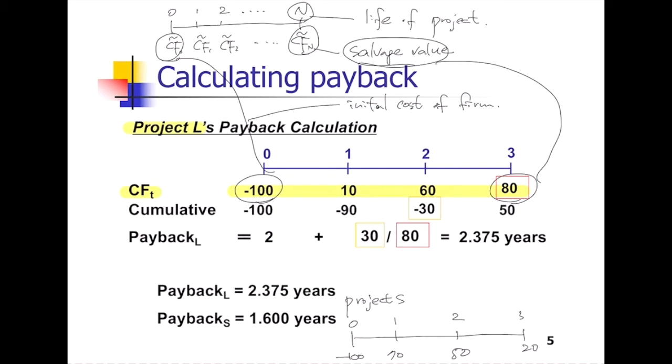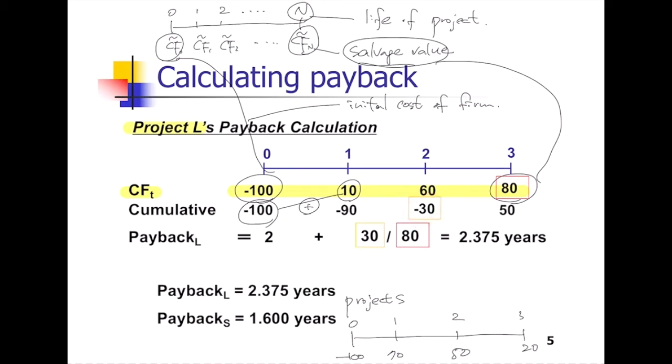The cumulative numbers are calculated numbers. At T0, the cumulative is minus 100, the same. At T1, we sum these two and get this number, and then this number is the sum of this, and we get minus 30.